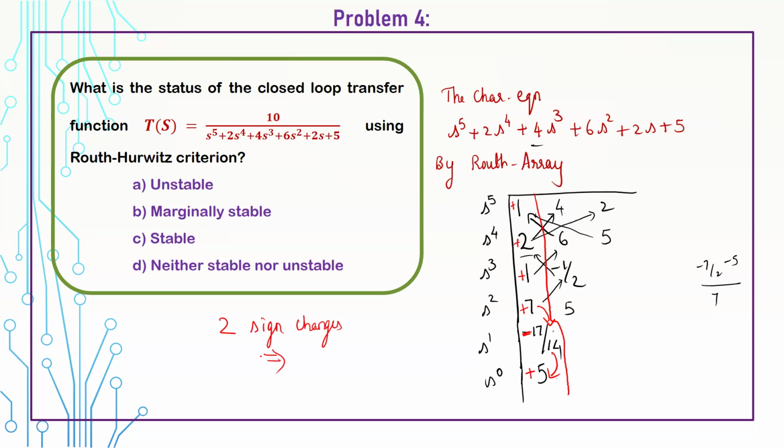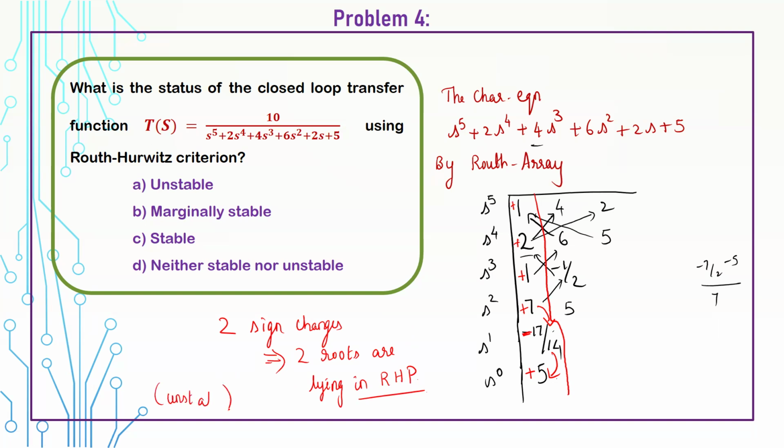That means we can conclude that the number of roots is 5. Out of 5 roots, 2 roots are lying in the right half of the S plane. So we can conclude the system is unstable.